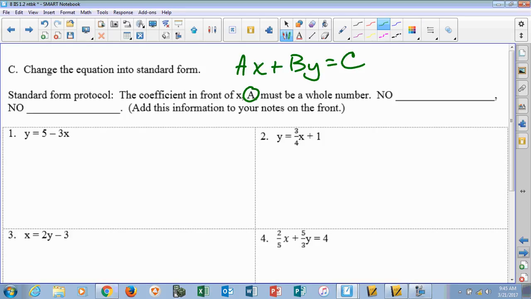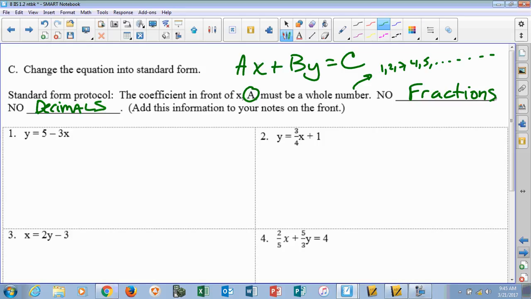That means your first digit has to be positive. A whole number is basically 1, 2, 3, 4, 5, and so on. No fractions. No decimals. That's important.